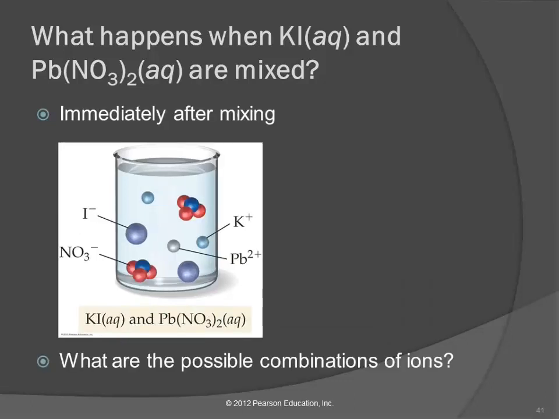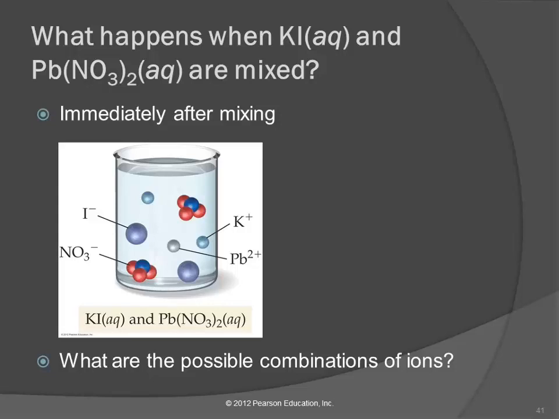When we mix these, here's an illustration immediately after mixing. So now these two parties combine, I guess you could think of it that way. And so now we have all of these ions mingling together. So if people are going to pair up, if these ions are going to pair up, what are the possible combinations?